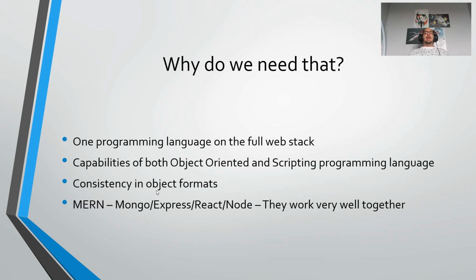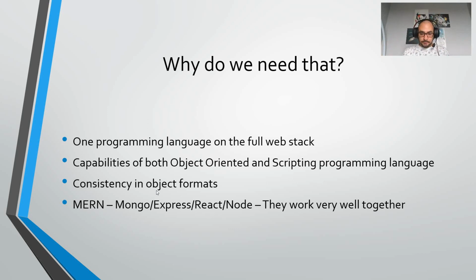Now, why do we do that? Why would there be the need to have the same language in the front and the back end? Well, there are a couple of things. Number one, it helps you with one programming language on the full web stack. There are some capabilities for both object-oriented and scripting programming languages within JavaScript. So JavaScript is still quite a powerful programming language. It also helps with the consistency in object formats. So if you have a format for objects in the backend and the same format in the front end, the consistency helps with the development process.